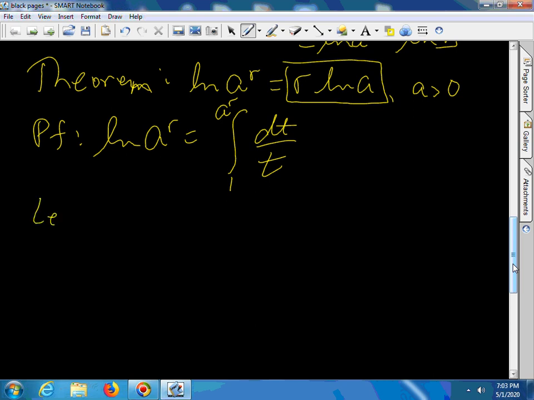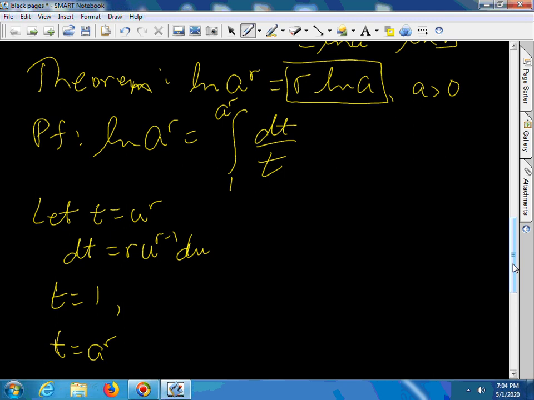So I'm going to say let t equal u to the r. So then dt will be r times u to the r minus 1 du. And when t is 1, we'll find u, and when t is a to the r, we'll find u.